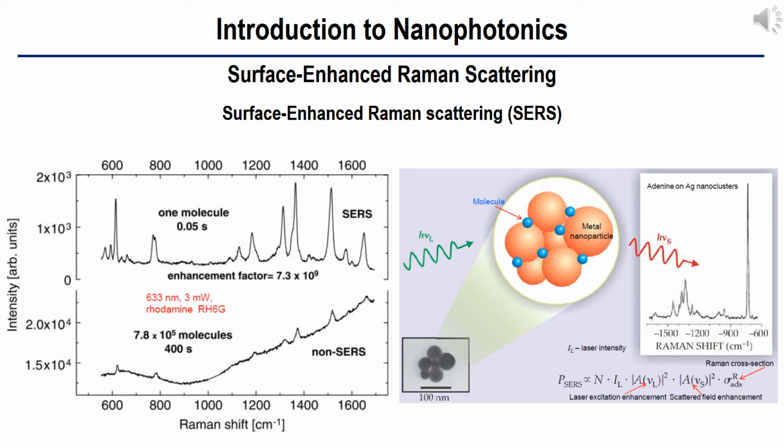Using plasmonic metal nanostructures, we can make a strong near field around the metal structures. When the target molecules are placed in the vicinity of the metal nanostructures, they can exhibit much enhanced SERS intensity. This is due mainly to laser excitation enhancement, scattered field enhancement, and Raman cross-section.